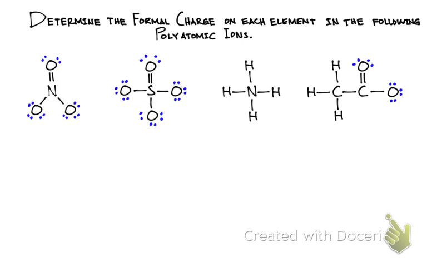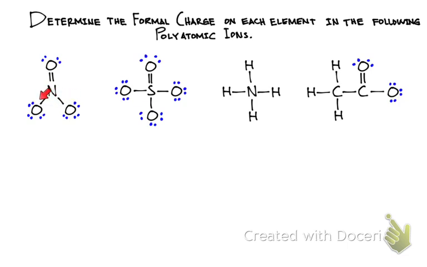Looking at the 2 oxygens at the bottom here, looking at NO3. These 2 oxygens will have the same formal charge because they have the same number of non-bonding electron pairs and the same number of bonds, right, bonding pairs.